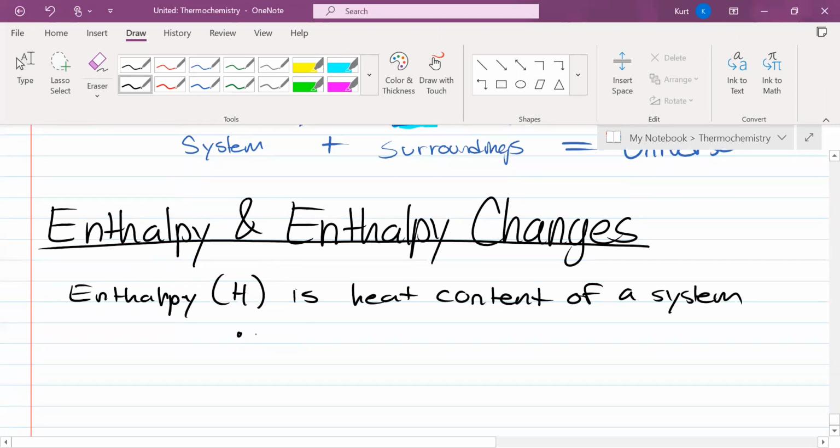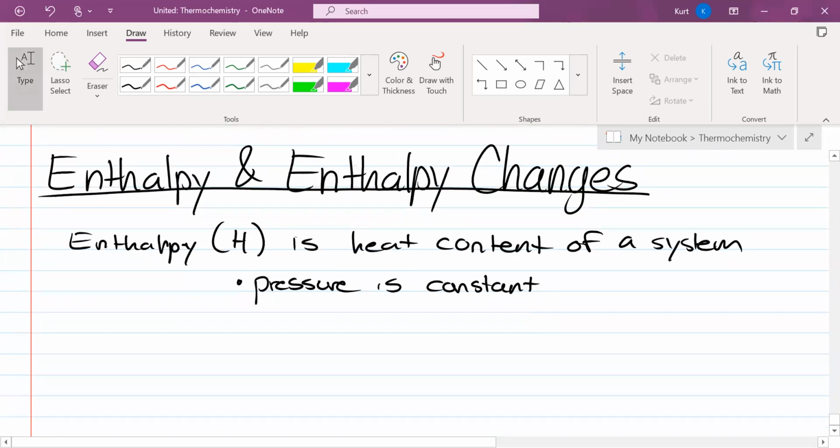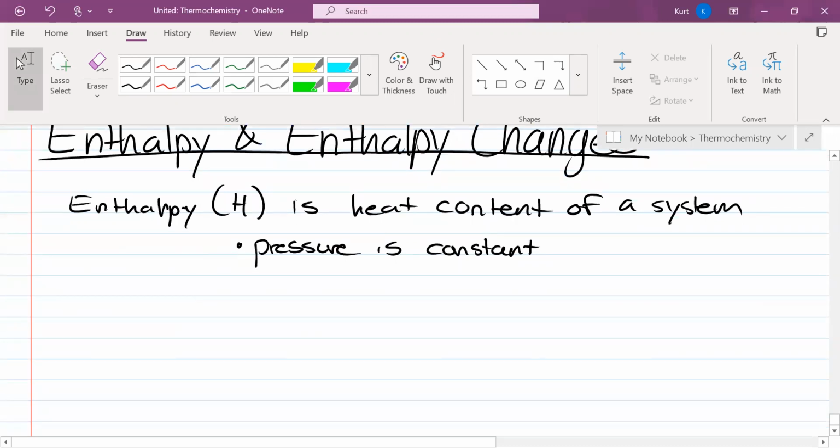So to consider with enthalpy, pressure is constant, so it's going to be a non-factor. What we're going to be doing in here is calculating the enthalpy or the heat of a reaction by finding the change in the reaction. So we're going to find the delta H of the reaction. Remember that RXN is just an abbreviation for reaction.